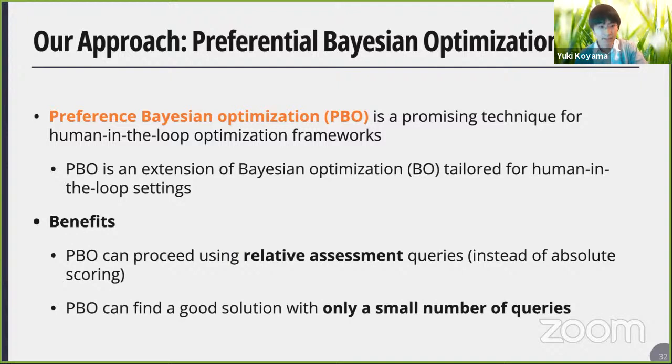The benefits of PBO are, first, PBO can proceed with the optimization steps using relative assessment queries, unlike typical optimization algorithms. And second, PBO can find a good solution with only a small number of queries.